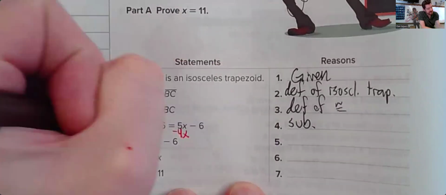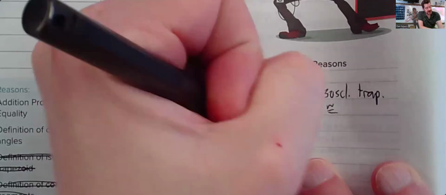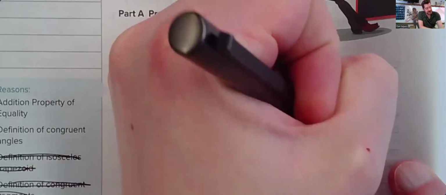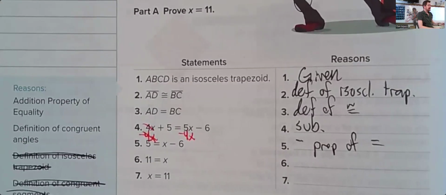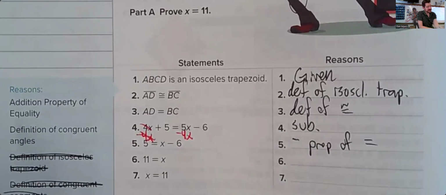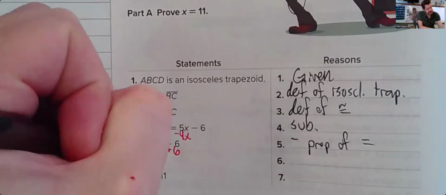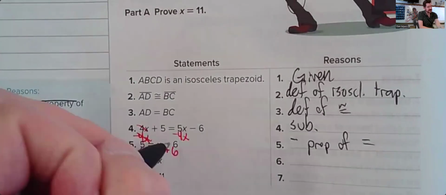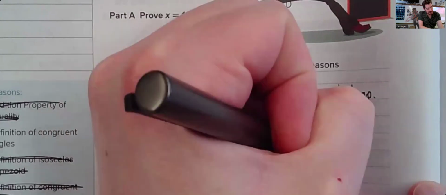Minus 4x, minus 4x. 5x minus 4x is x. So that would be the subtraction property of equality. Then what? Then it's the addition property of equality, because we have to add 6 to both sides. Plus 6, plus 6. 5 plus 6 is 11. The 6 is canceled there. That is the addition property of equality.